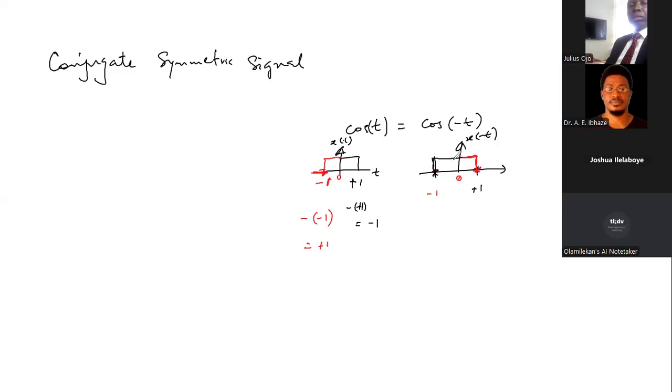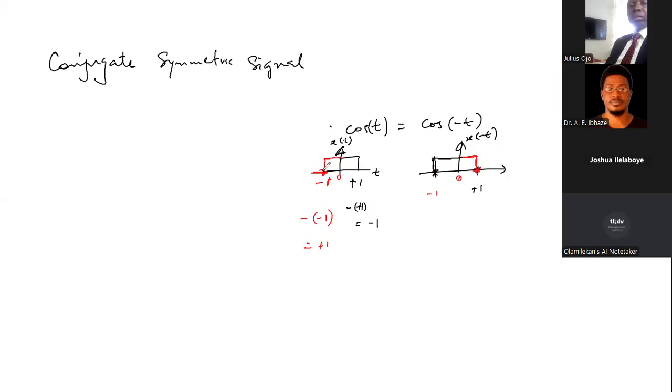So you see that there's a flip, okay? This signal is more like flipping about the s of t axis, which is the y-axis. So you now see that this part just moved to this part, while this part just moved to this part. There's a flip, but the signal is still the same. Nothing is changing.